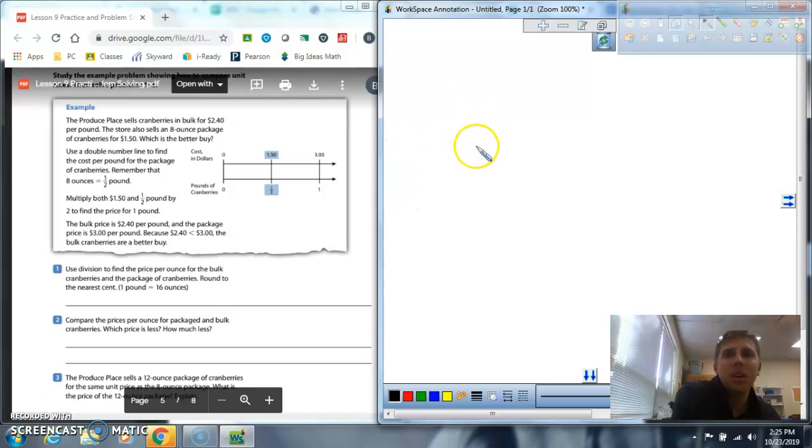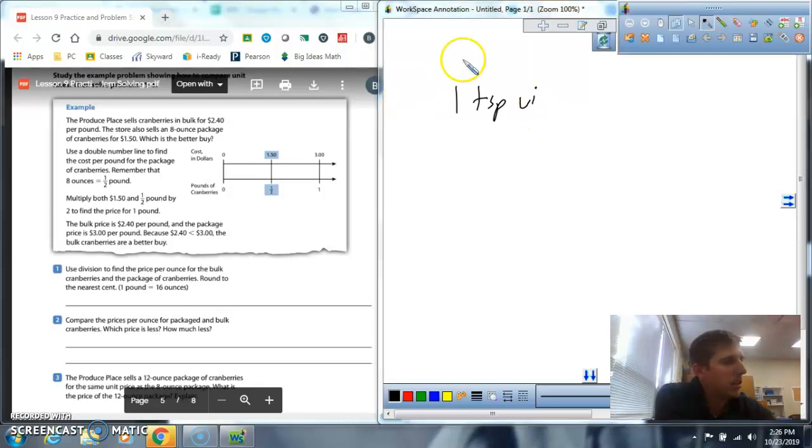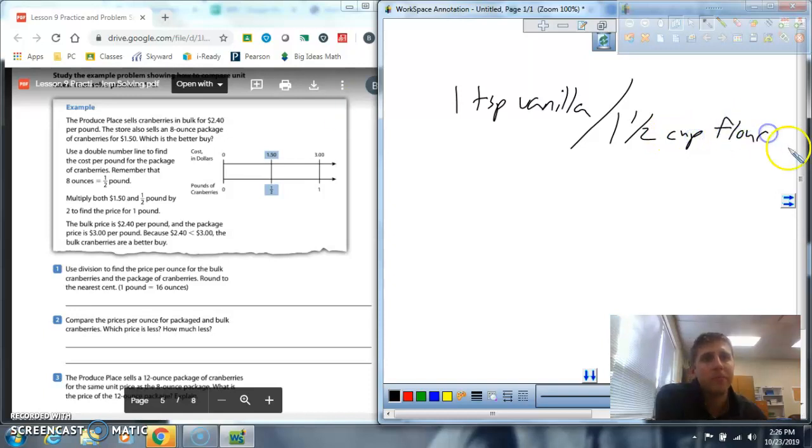So people said, like one of the examples we had the other day was we had 1 teaspoon of vanilla. And then we had that per 1 1/2 cup of flour for the recipe.